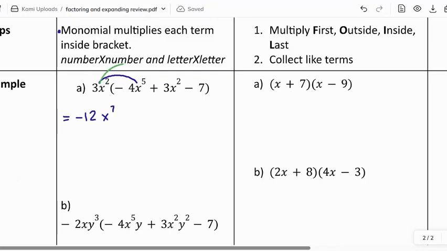Next rainbow, 3x squared times 3x squared. Okay, well, I'm adding them, so it's plus 9x to the power of 4. Lastly, 3x squared times -7, -21. And because there's no other x variable, you just leave it as x squared.